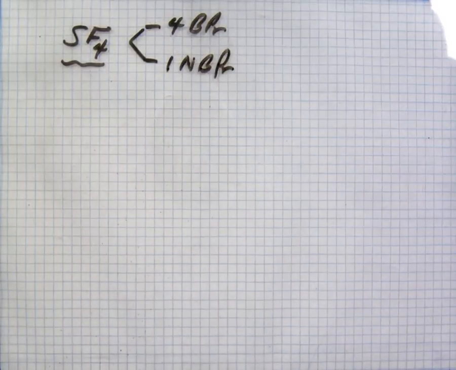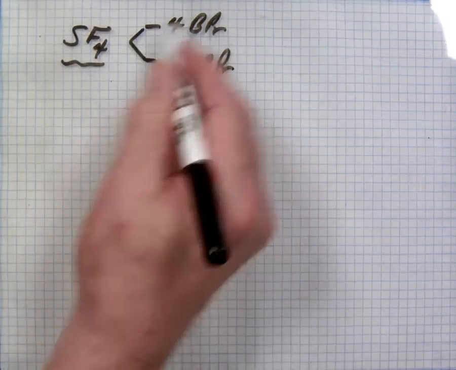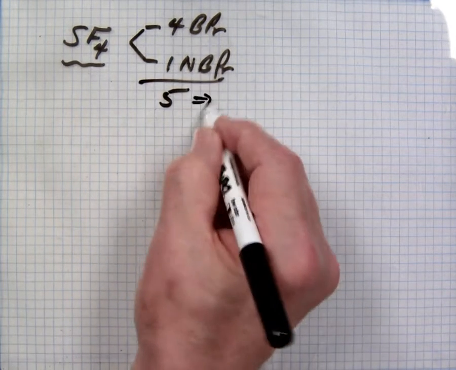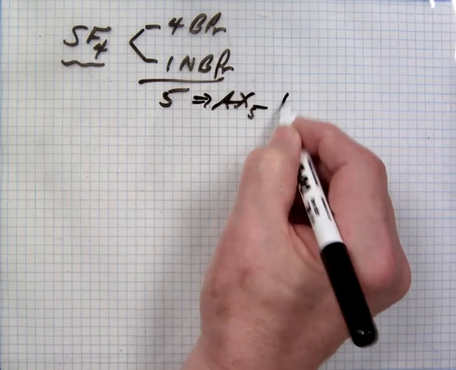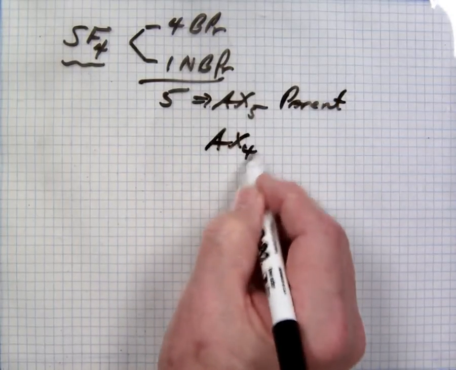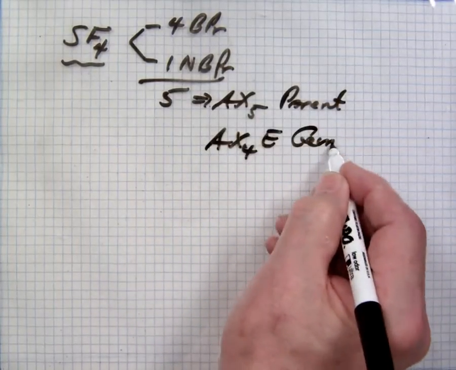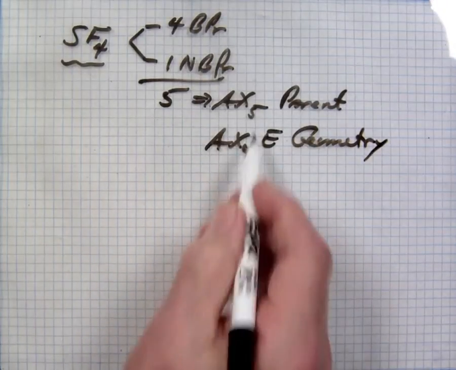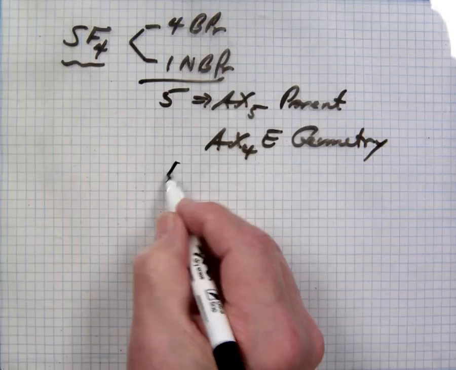You can check me on the math. Well, 4 and 1 is 5, so this gives an AX5 parent, but it gives an AX4E geometry. Okay, so drawing this out, this would be a trigonal bipyramid.